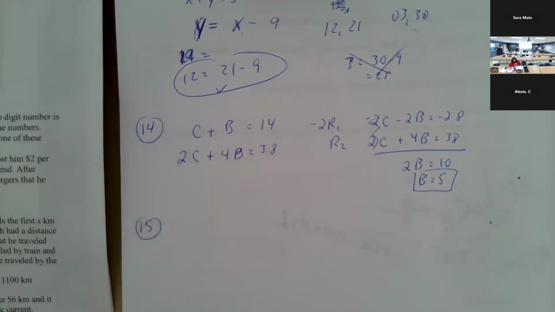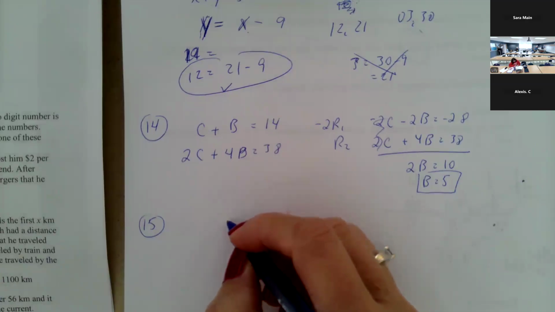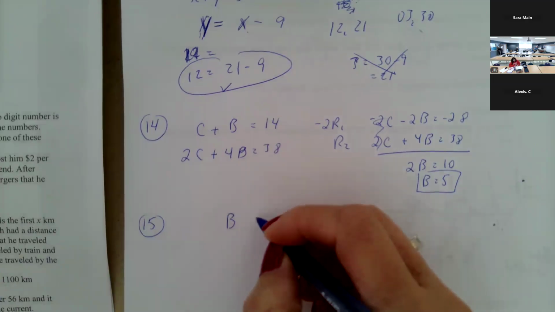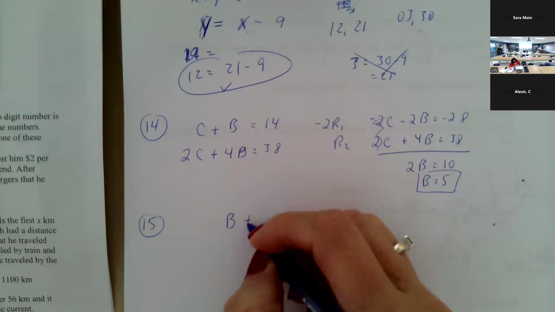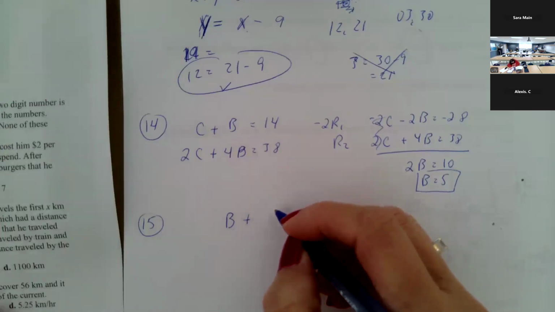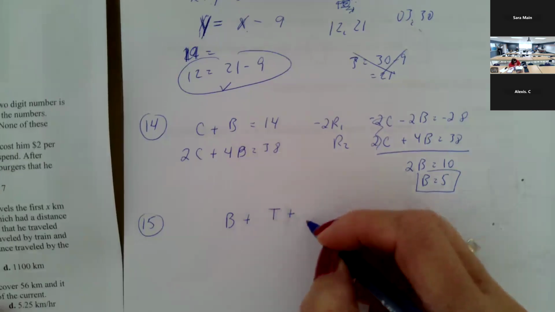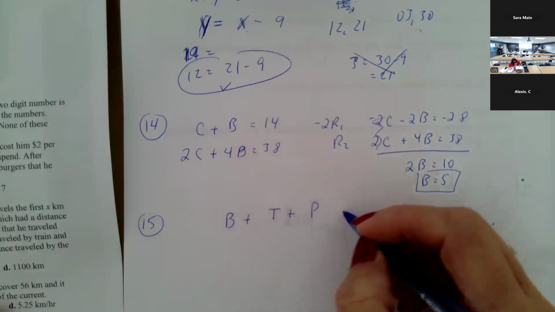So we've got, I'm going to name mine B for bus plus T for train plus P for plane, if that's okay.